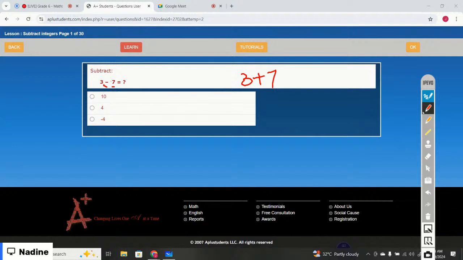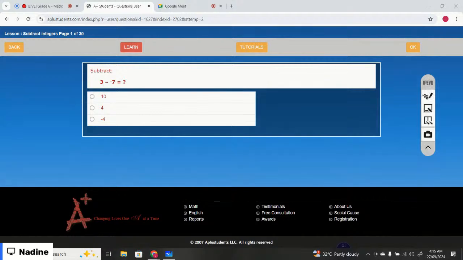So 3 plus 7 is, that is 10. 7 plus 3 makes 10. Option number 1 is the correct option, right?